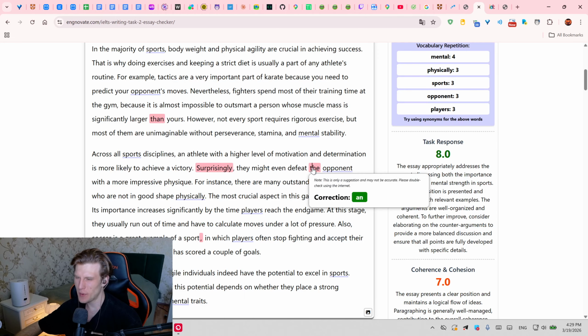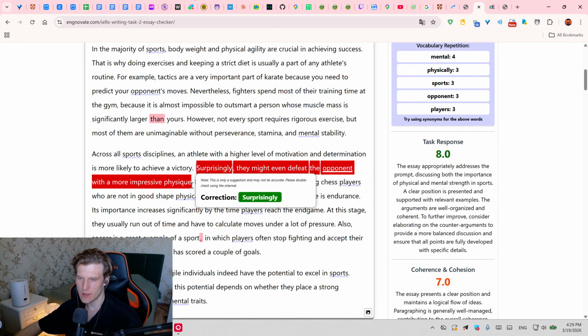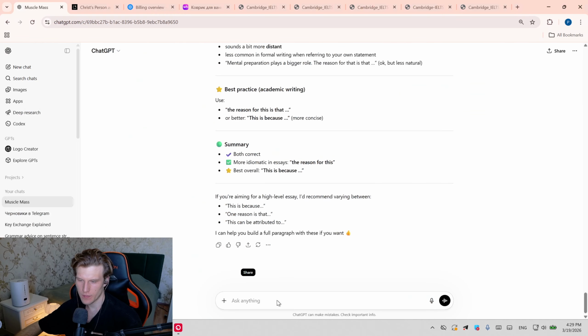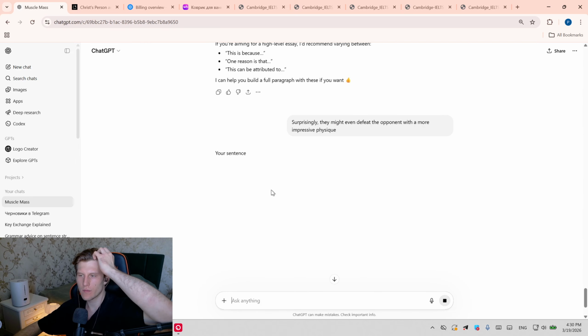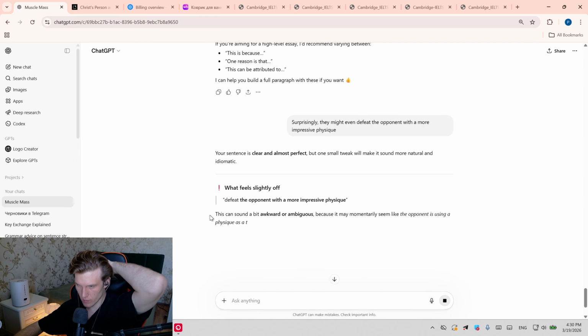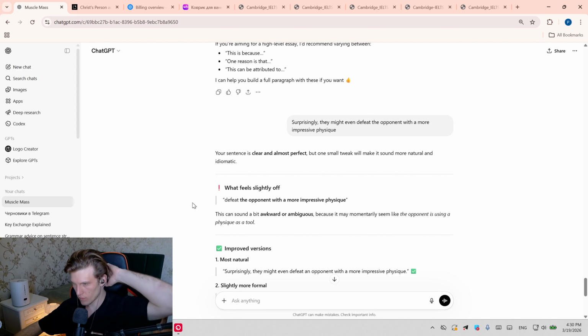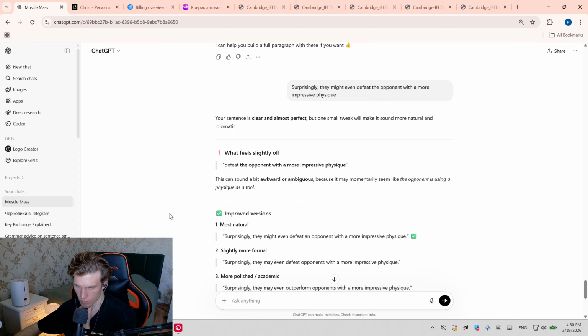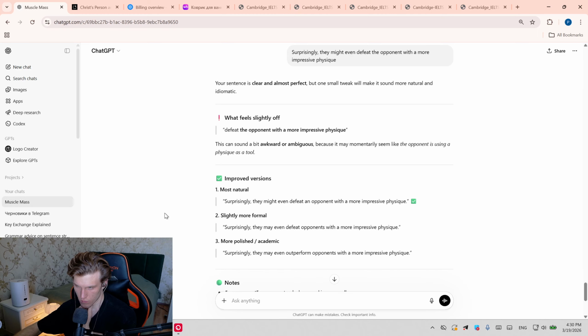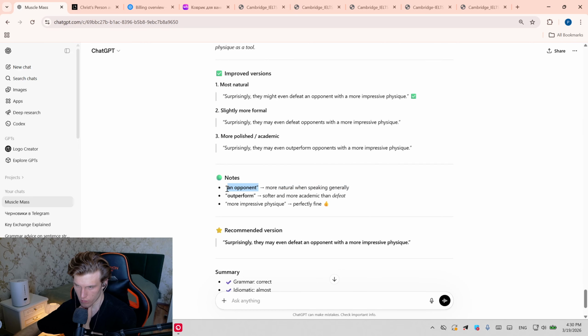They might even defeat an opponent. That is interesting. Yeah.